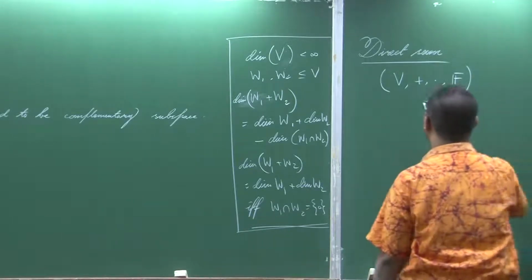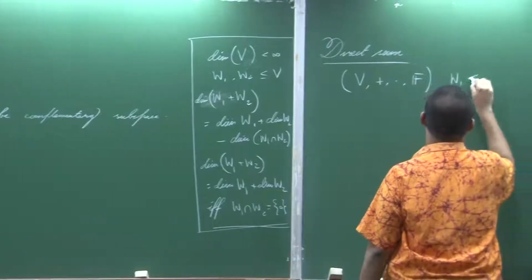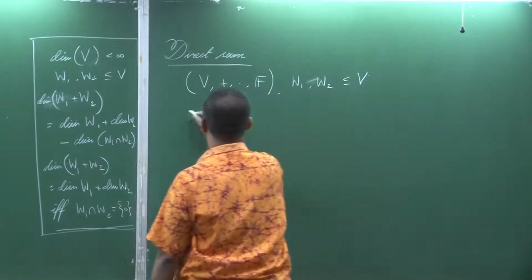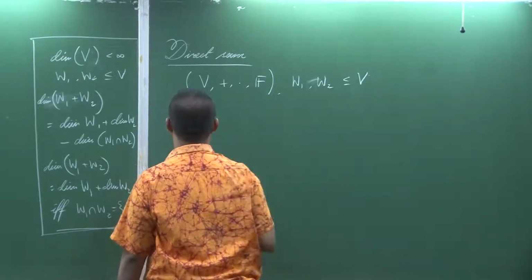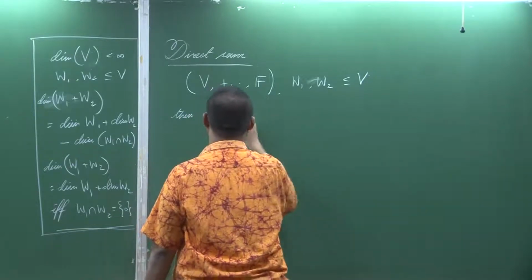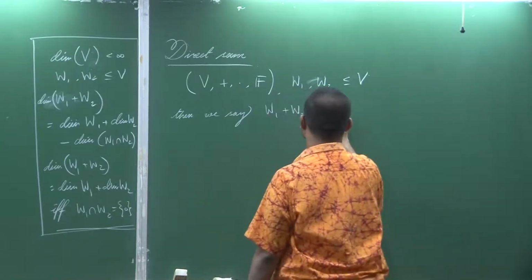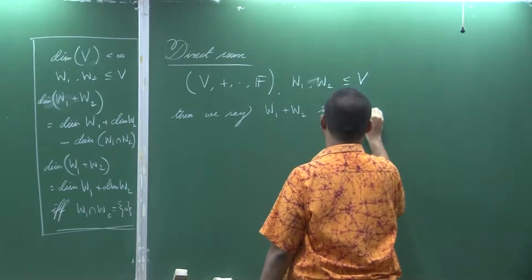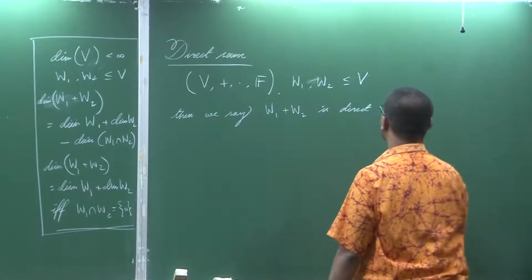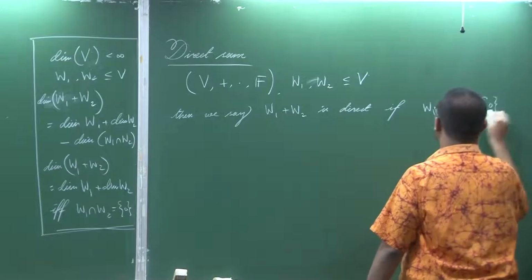So, if V is a vector space over F and W1 and W2 are subspaces of V, then we say the sum is direct if their intersection is trivial.